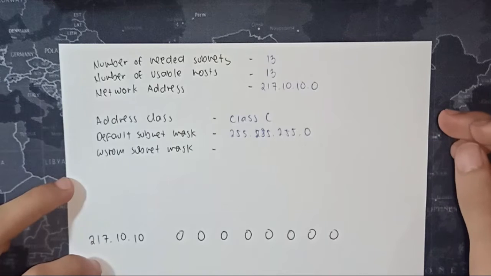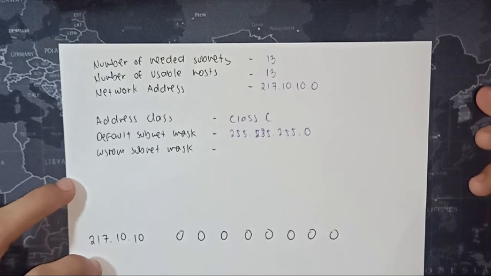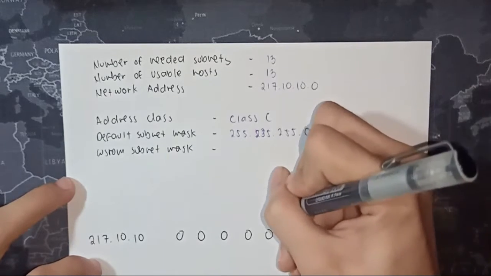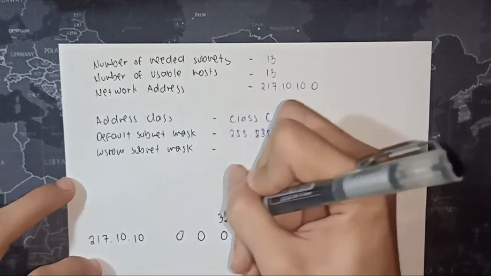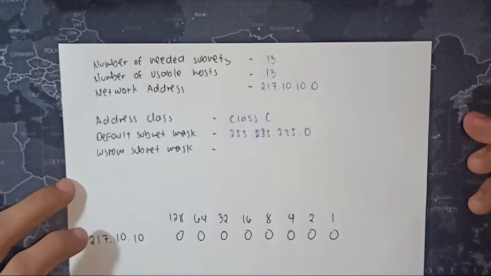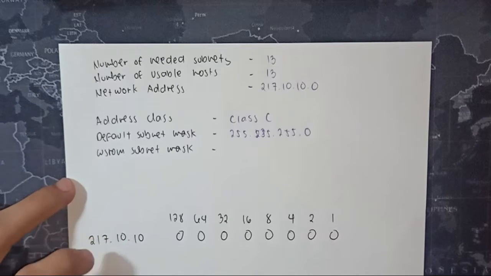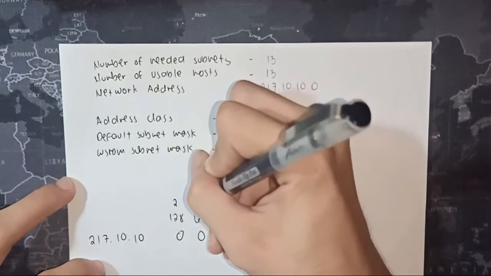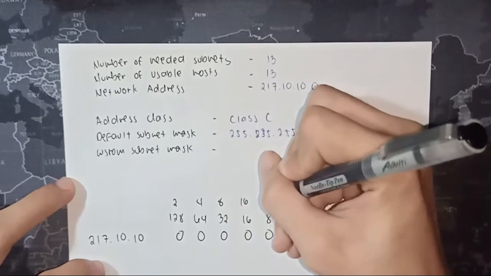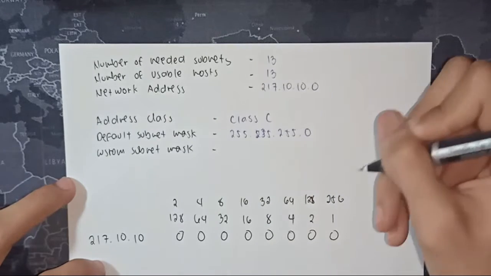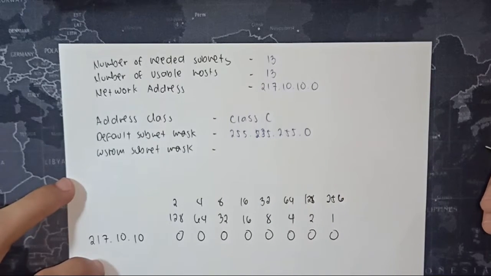Then we're going to write down the decimal value from right to left. Next, we are going to write down the number of subnets from left to right. The next step is to write down the number of hosts from right to left.